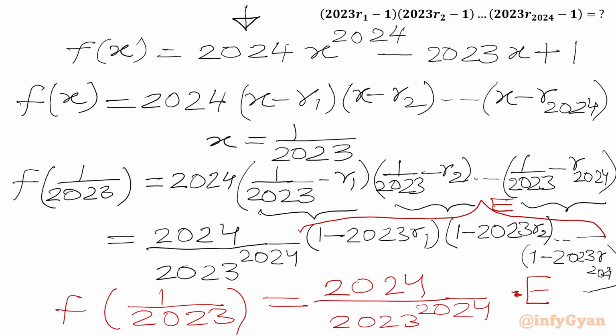Now to find the value of E, we should know f of 1 over 2023. So we will target this first. Once this is known, our E is known. Let's say this is our equation number 2.